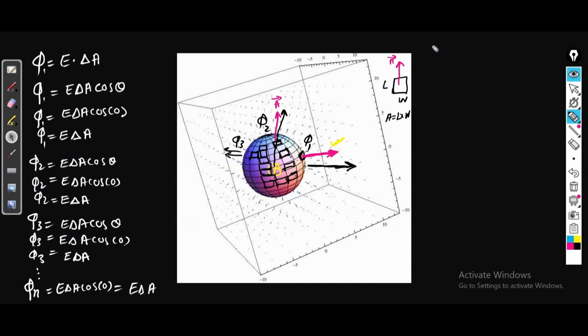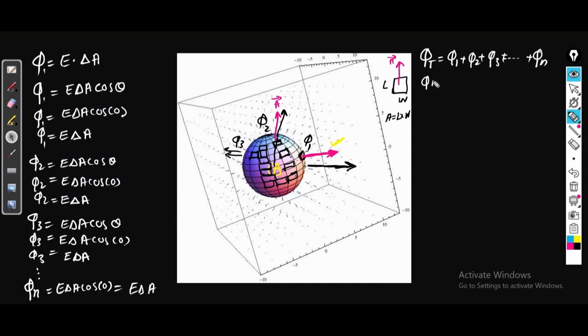Now I am going to calculate the total flux. So the total flux phi total is equal to phi 1 plus phi 2 plus phi 3 up to plus phi n.